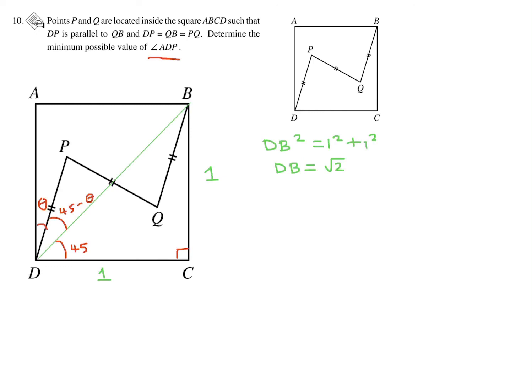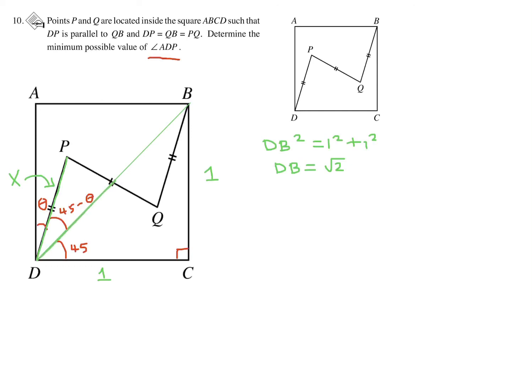So we're going to have to label something. PD, this length right here, I'll call it X. And PR, R being the midpoint right here.